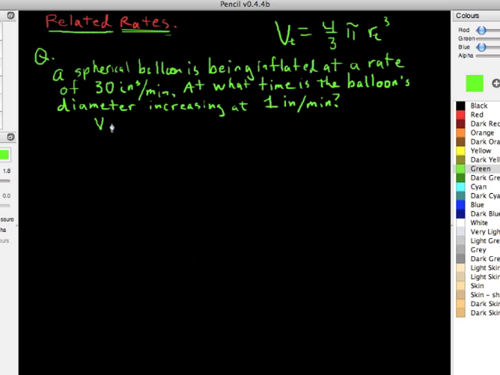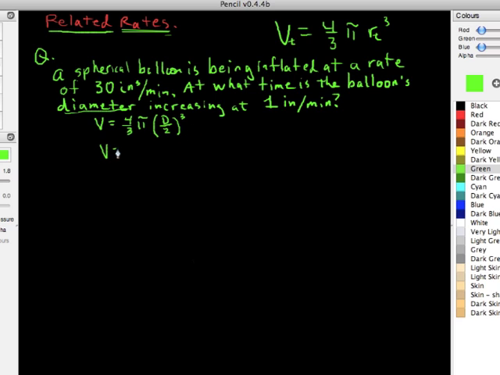So we have V is equal to 4/3 pi times the diameter divided by 2, because we're going after the diameter here. That's just the radius, cubed. And let's simplify this a little bit.